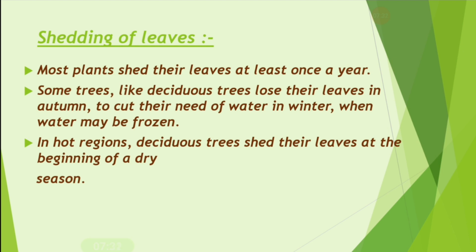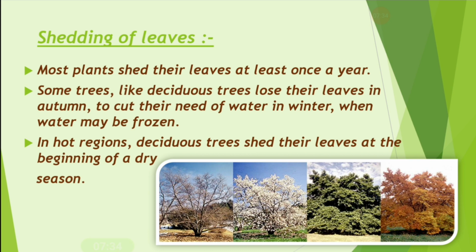So most plants shed their leaves at least once a year. Some trees like deciduous trees lose their leaves in autumn to cut their need of water in winter when water may be frozen.